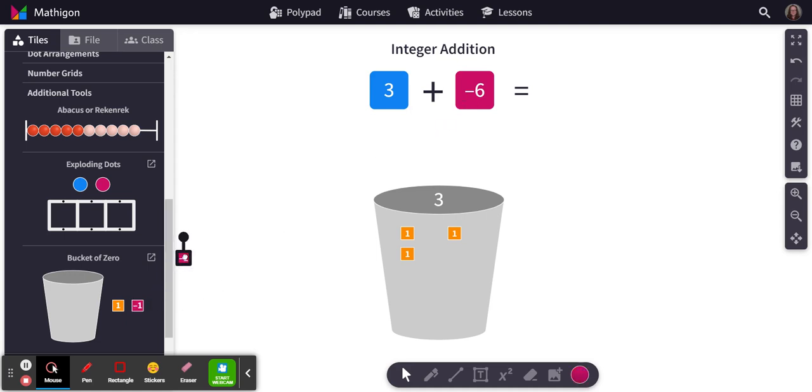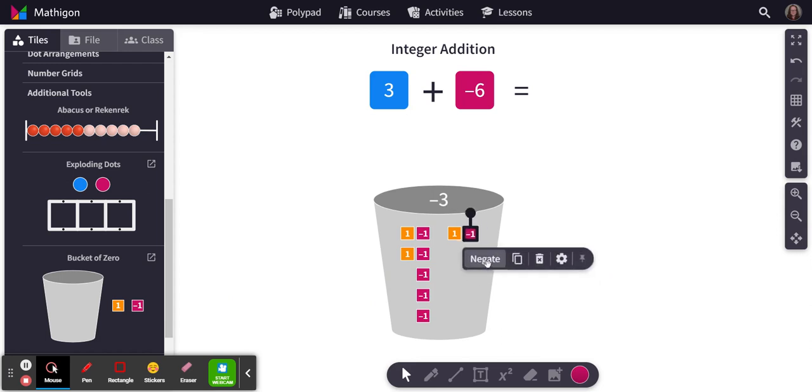So I'm going to add in negatives this time. Negative 1, negative 2, negative 3, negative 4, negative 5, and negative 6. You may notice on the bucket that it has been decreasing as we added in those negatives. And now you can see that we're at negative 3. So we have 3 plus negative 6 is equal to negative 3.